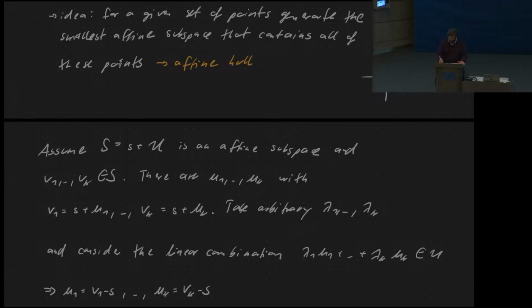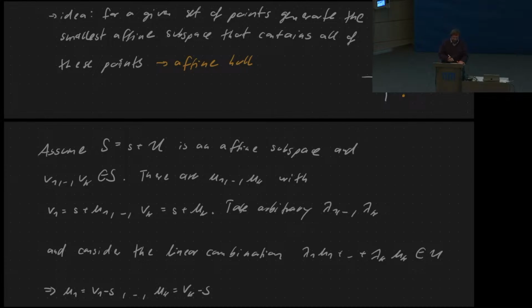So again, let's consider a quick example. In R2, if we just start with a point, and we want the smallest affine subspace that contains this point, the result is, of course, just that point, because that is already an affine subspace, right? We just talked about that.